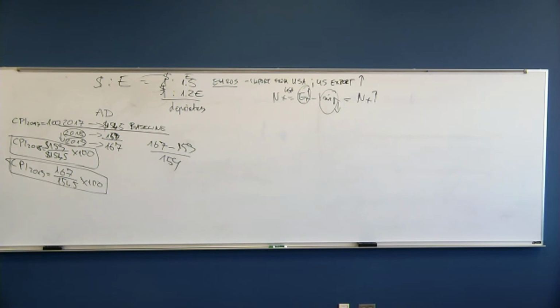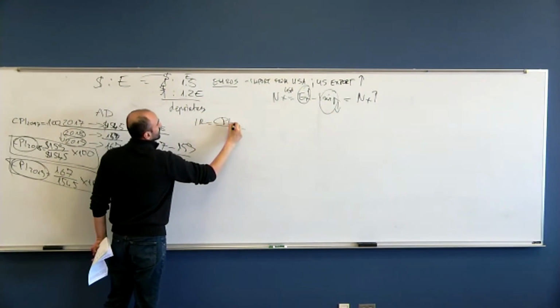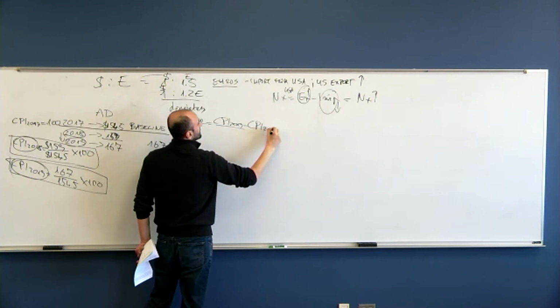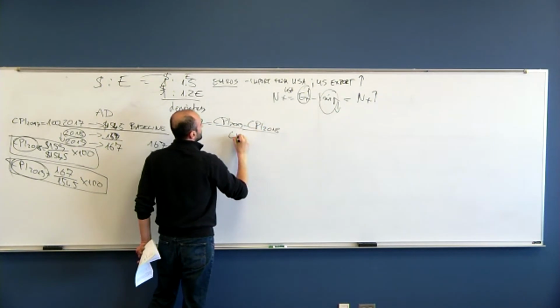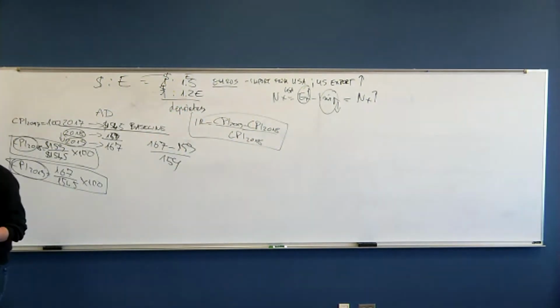Once you calculate that, this is CPI 2 over CPI 1. We plug in: inflation rate equals CPI 2019 minus CPI 2018 over CPI 2018. Most of you answered 8.4, 8.45, 8.30 something.